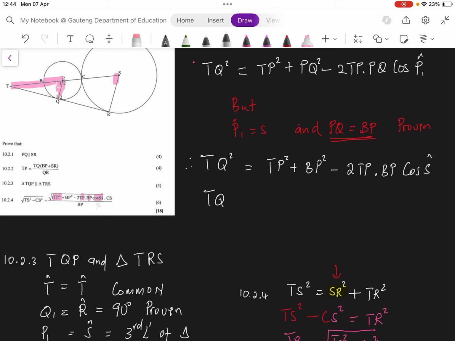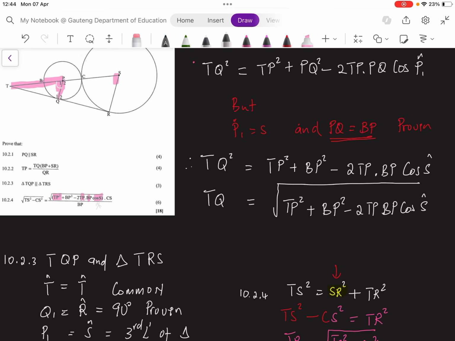So I have TQ is equal to the square root of TP squared plus BP squared minus 2TP BP cos angle S.